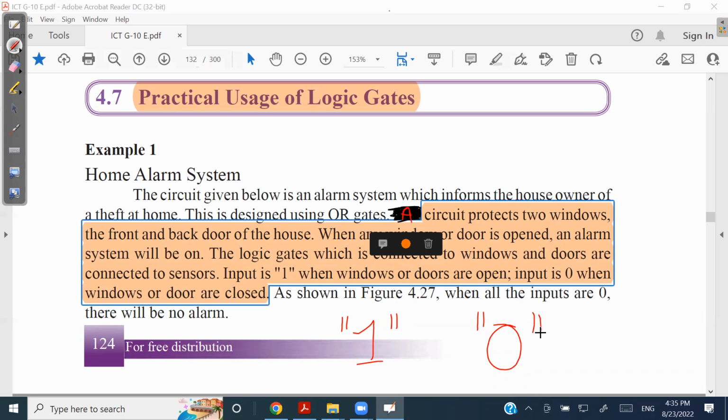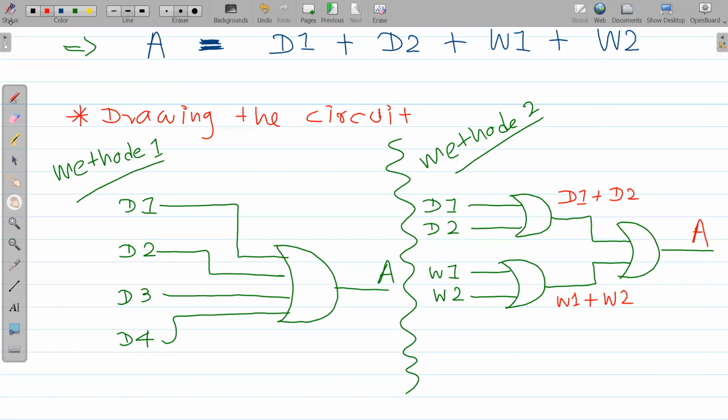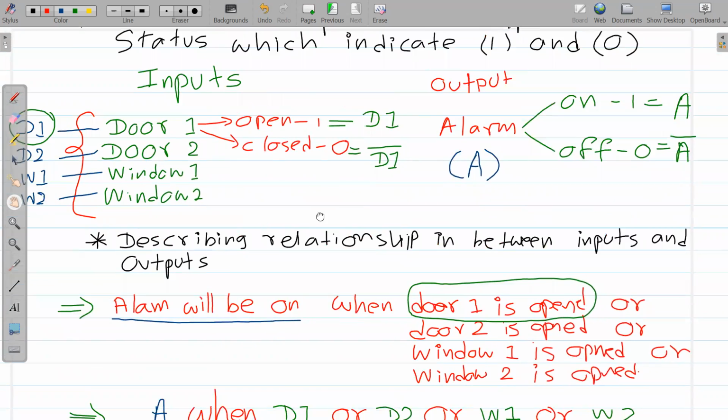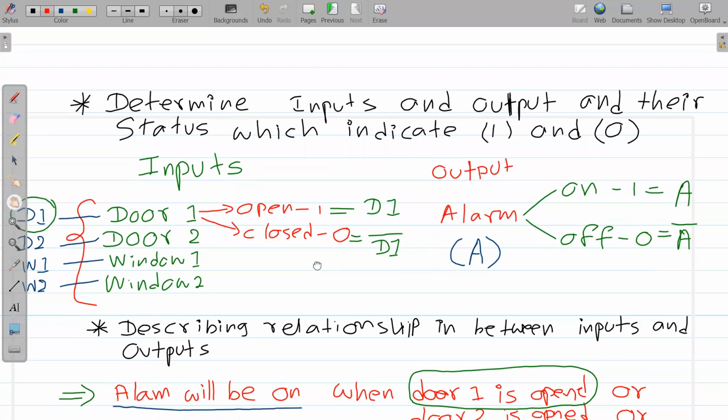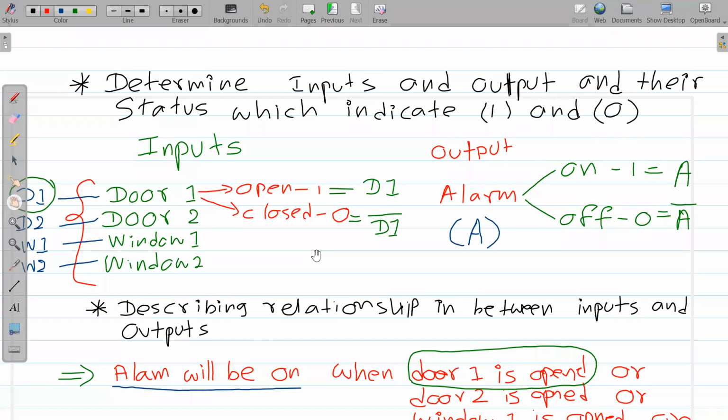Okay, so the next line, let's write it like this, people.